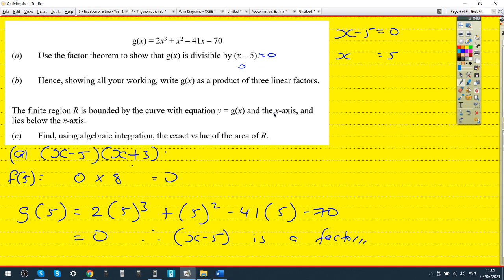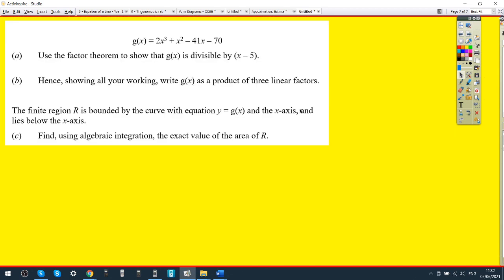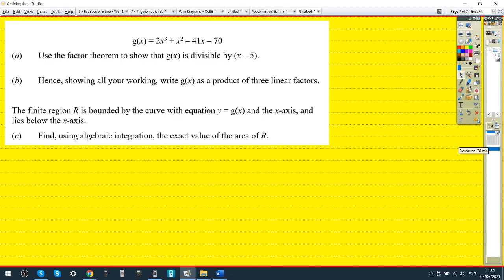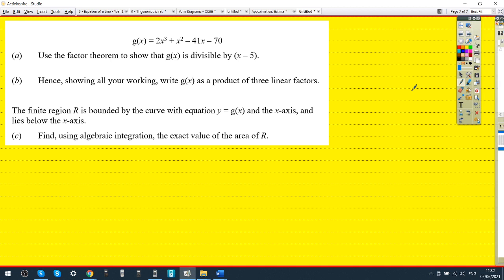Part B. And so would you need to just solve it as a cubic? What do you get?